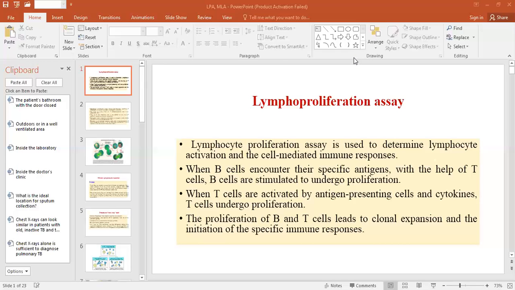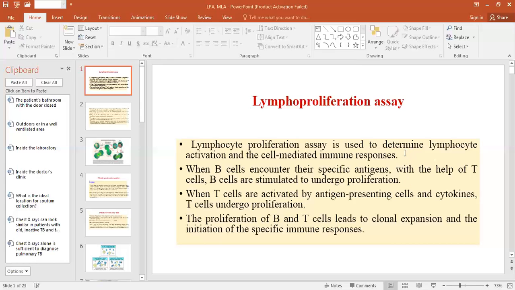And when the T lymphocytes are activated by the antigen-presenting cells and the cytokines, the T cells undergo proliferation. So the proliferation of both the B lymphocytes and T lymphocytes leads to clonal expansion and the initiation of the specific immune responses.